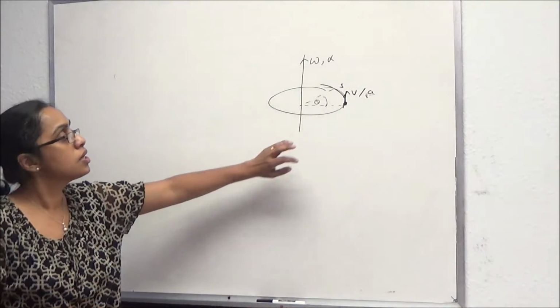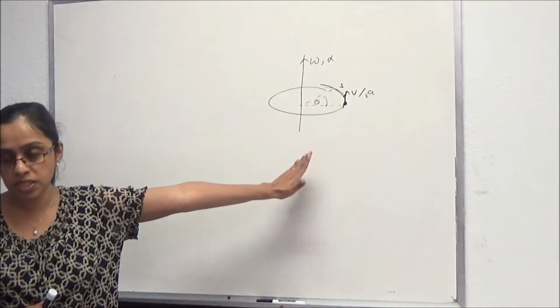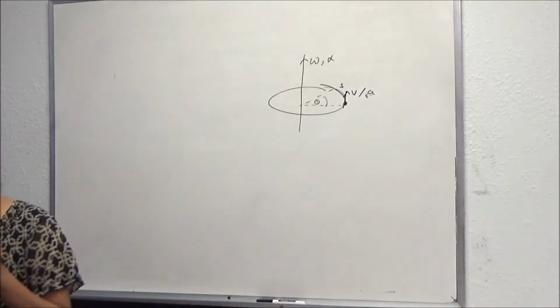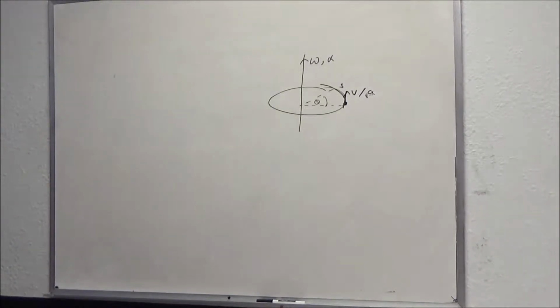In addition to these velocities and accelerations that we talked of so far, there is another acceleration that objects under circular motion are subjected to. That's called centripetal acceleration, sometimes also known as radial acceleration. Have you heard of that before?